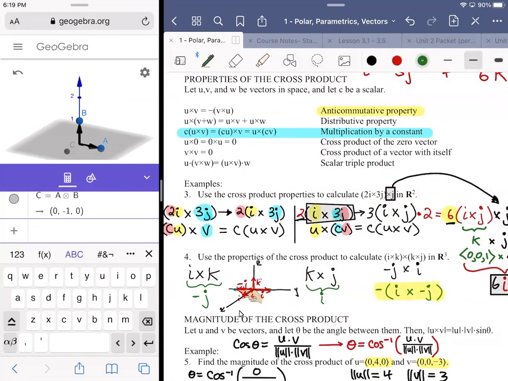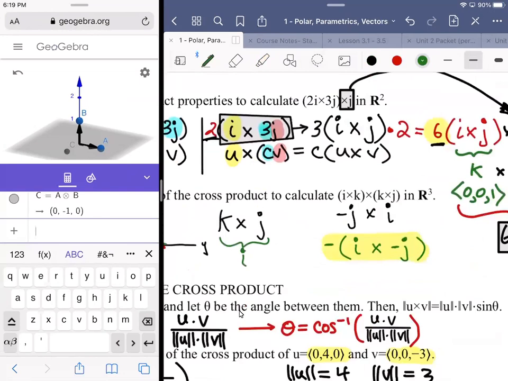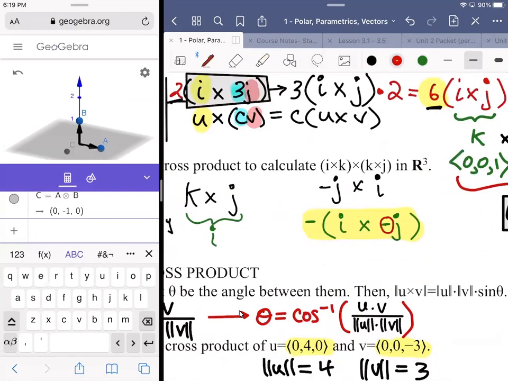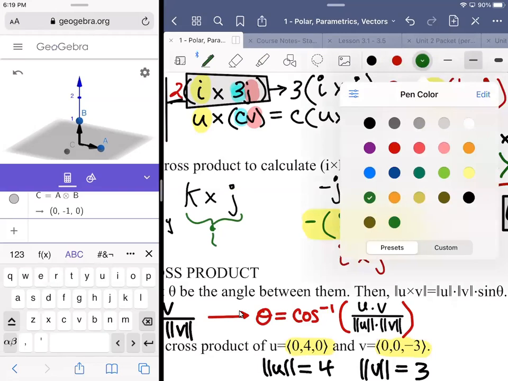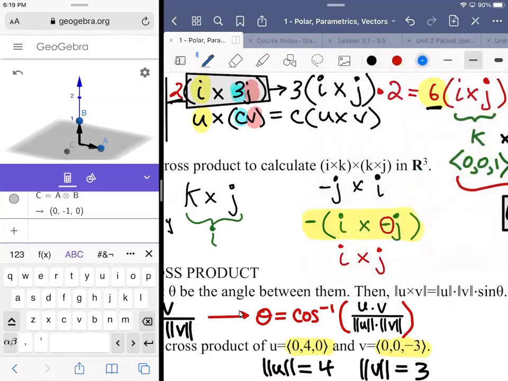And then the next property would allow me to factor out that negative sign, which would make it I cross J. Do it with this color, which is that second property that we worked with in the last problem. And that we know based off of experience at this point would give us a K.